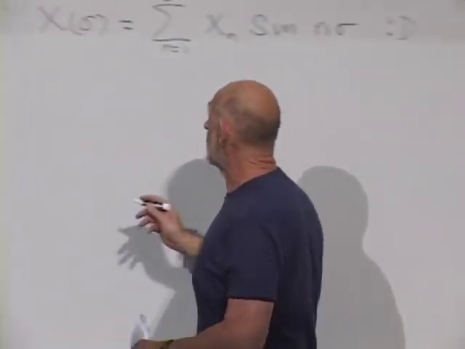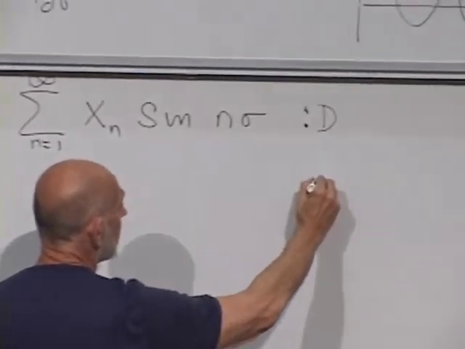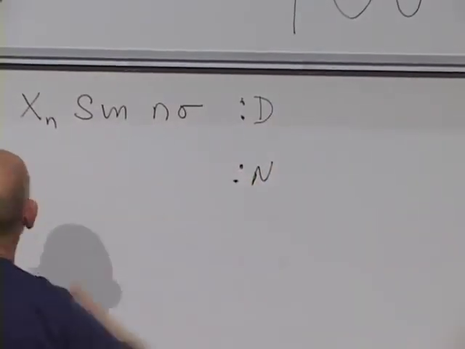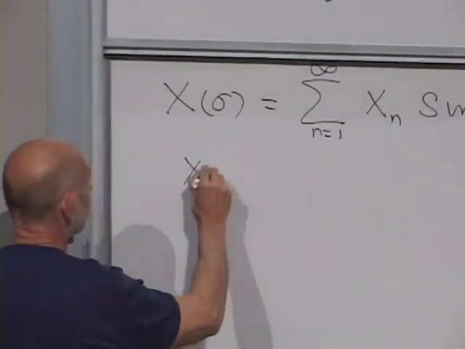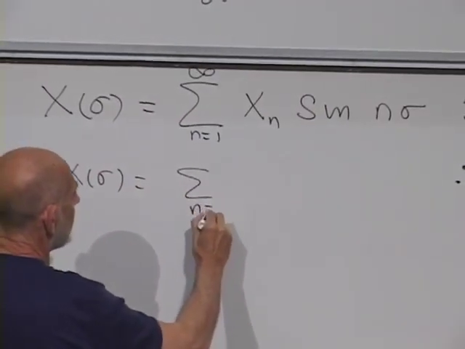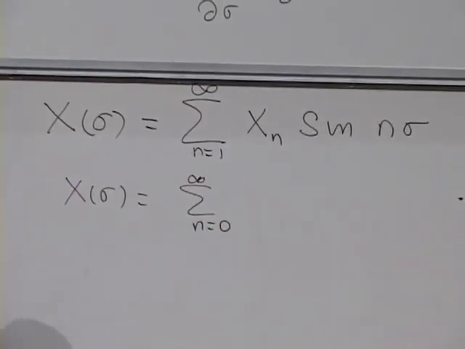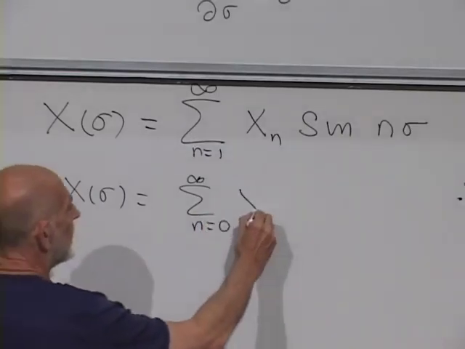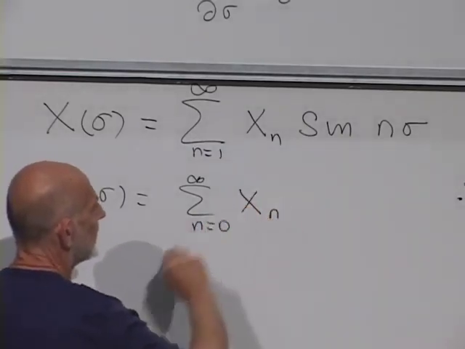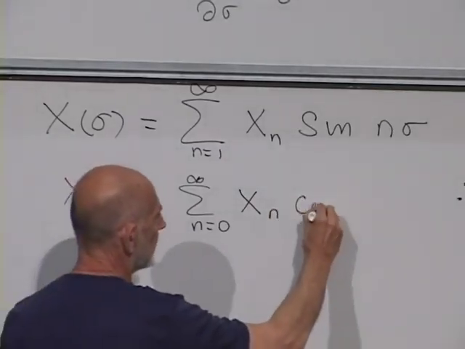And so in this case, x of sigma for Neumann, x of sigma is the sum from n equals 0 to infinity, because 0 is now an interesting case, x sub n times cosine of n sigma.